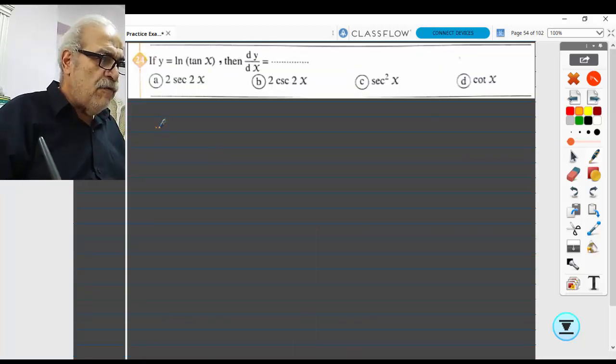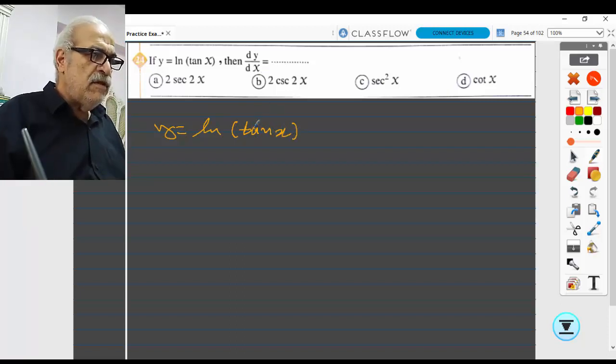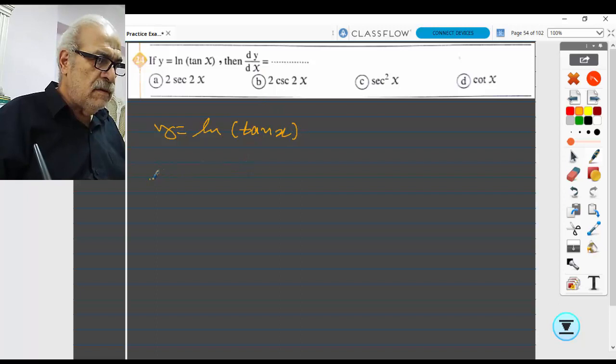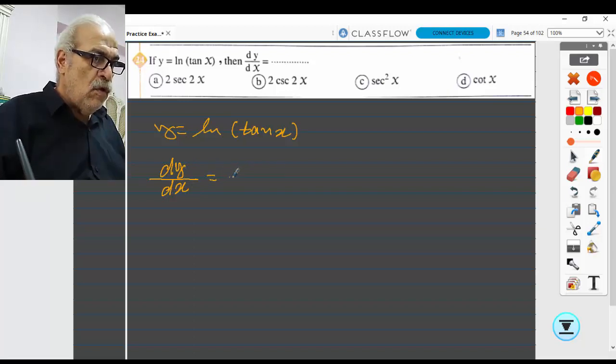Here we have y equals ln tan x, then dy dx equals, of course, 1 over tan x multiply the derivative of tan x, which is sec square x.